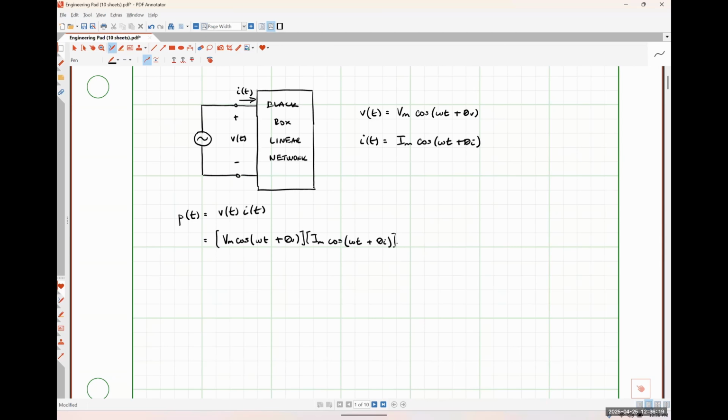Now I can simplify or reduce this down by applying a trig identity.